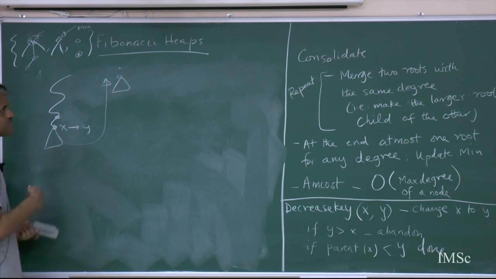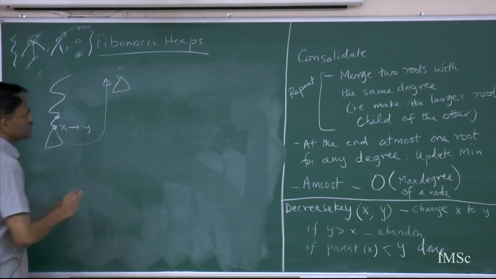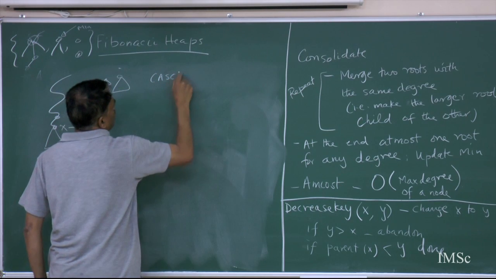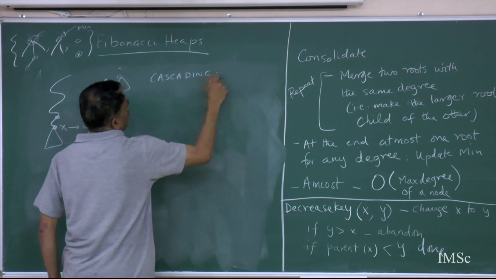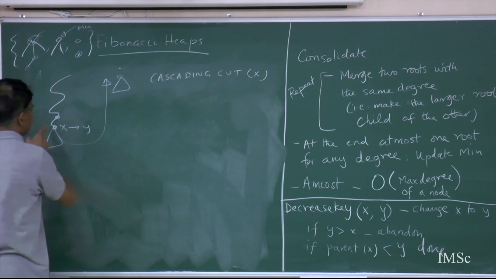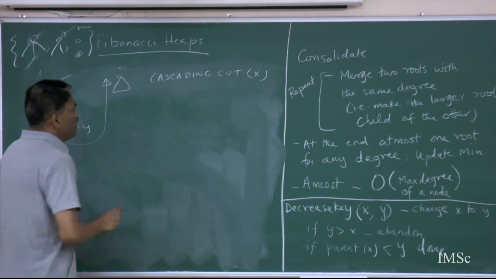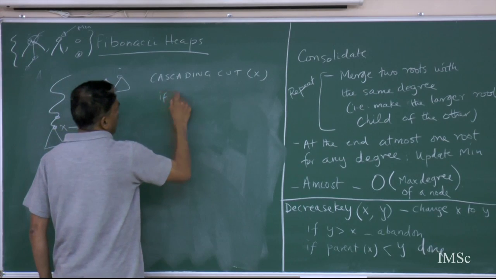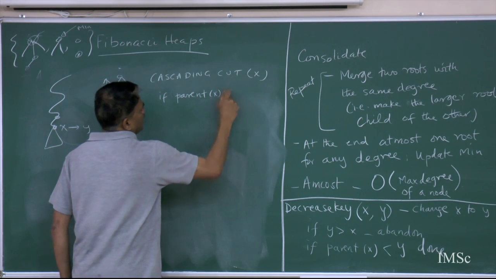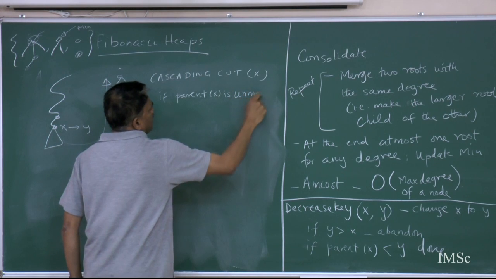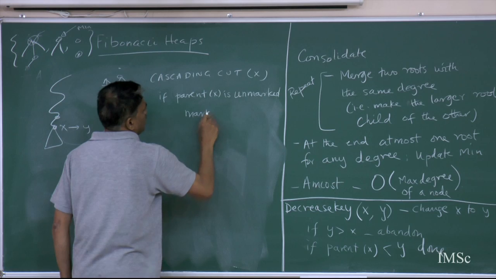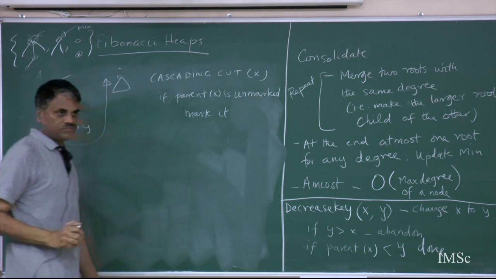Initially every node is unmarked. This is the cascading cut. Let's say with this parameter x, which is the root of this subtree, if the parent of x is unmarked, mark it, and that's it, we're done.